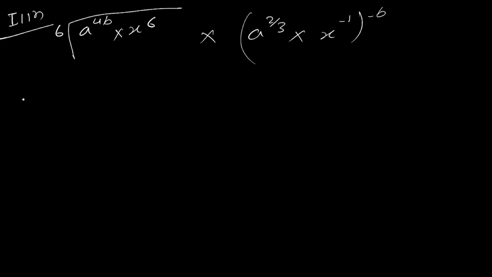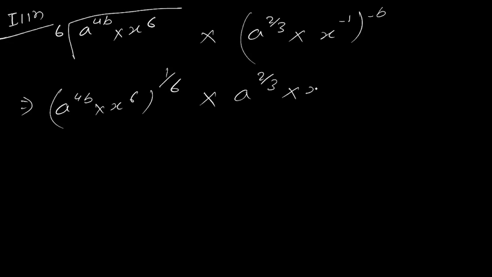Right, sir. And as you know, if you remove this root, what can you write? a to the power 4b x to the power 6, and this will become 1 by 6, multiplied by a to the power 2 by 3 x to the power minus 1 and whole to the power what do you write? Minus b, isn't it? Yes, sir.